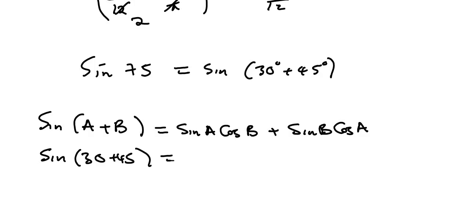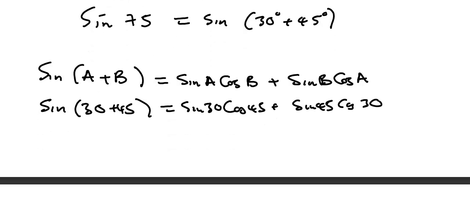This is basically sine 30 cos 45 plus sine 45 cos 30. We've learned these. Sine 30 is 1 over 2.